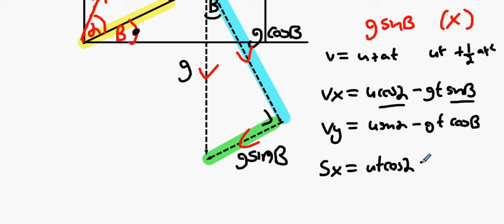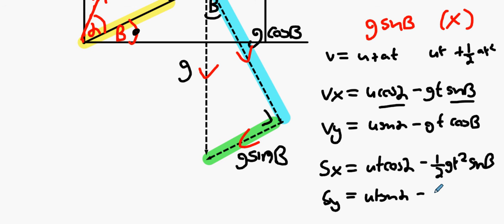Half g sine b t squared. And what about Sy? Same thing again. Alpha, yeah. Minus a half. Yep. That's it, and you're done.